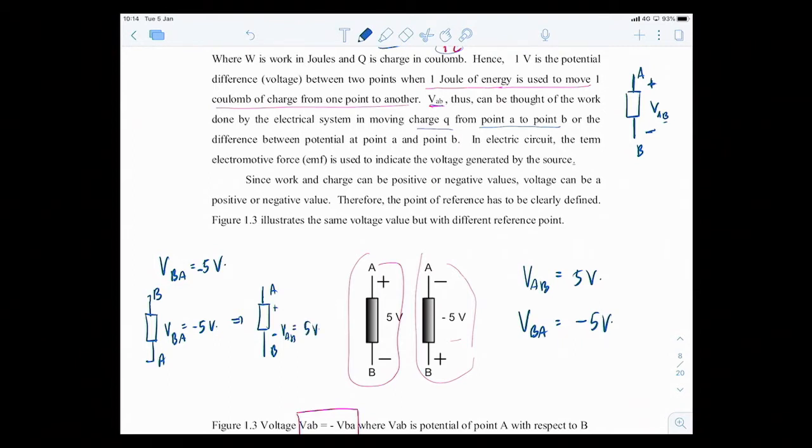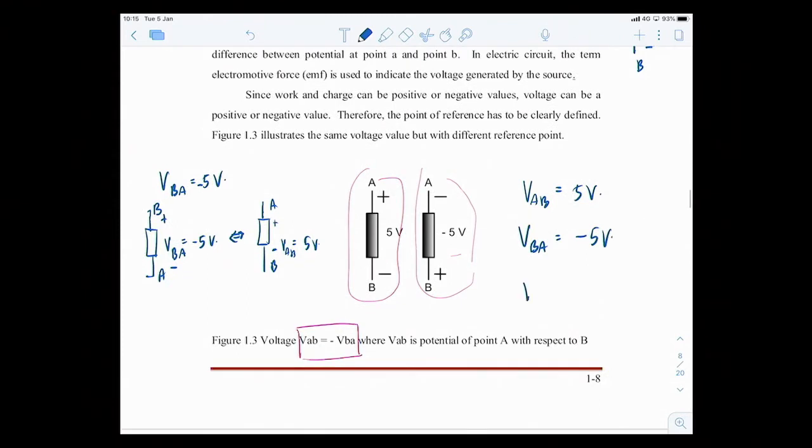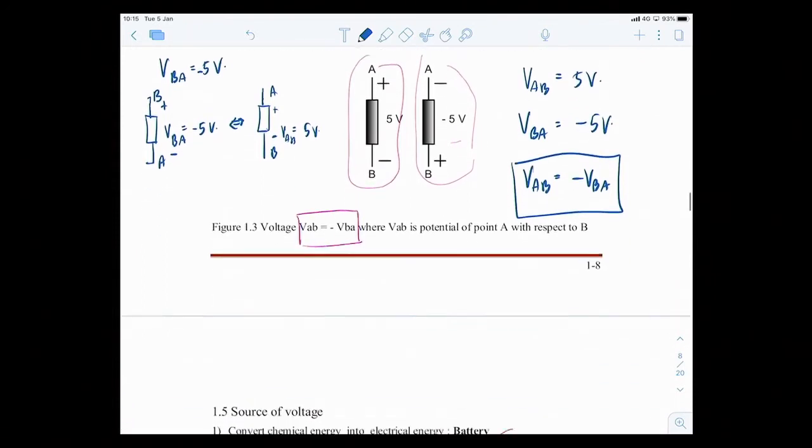I just flipped the terminals. VBA of minus 5 means that if I flip it to AB, the value will be plus 5. So these two are the same, and we conclude that VAB is equal to minus VBA, for the voltage or potential difference from point A to point B.